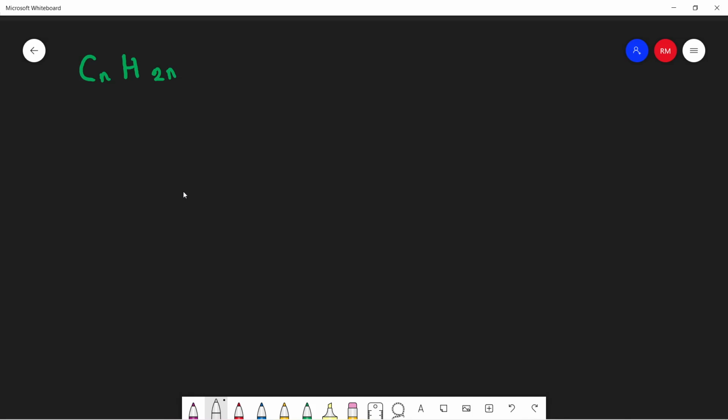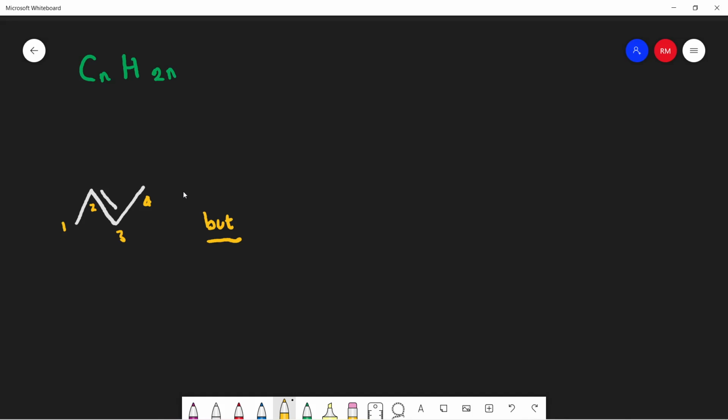So let me just draw a pretty simple alkene right here. Here you can see the double bond, and in order to name this, it's very similar to an alkane. You count up the carbons first. 1, 2, 3, 4. So we can identify this will be but-.